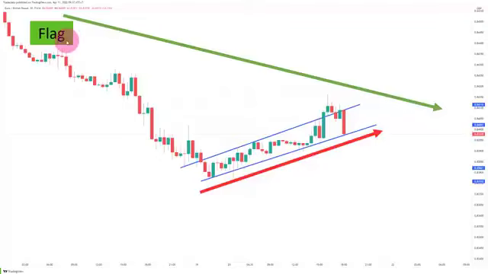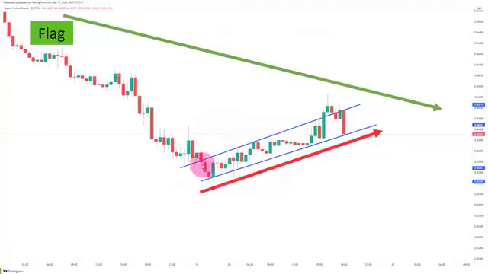Flags are a very classic pattern, but if you read any of the classic price action books or books about technical analysis, they often reference flags as one of the most profitable patterns. And flags are trend continuation patterns. So what you do is you look for the overall trend direction. Clearly we are coming here in a downtrend from the top left, and the market is moving lower.